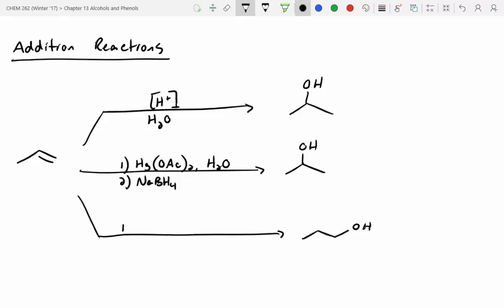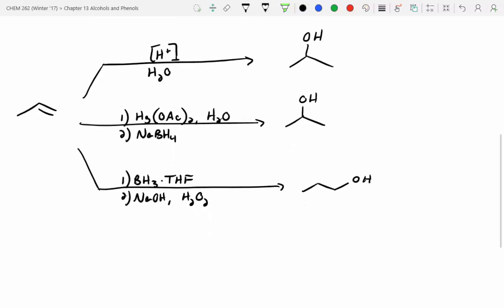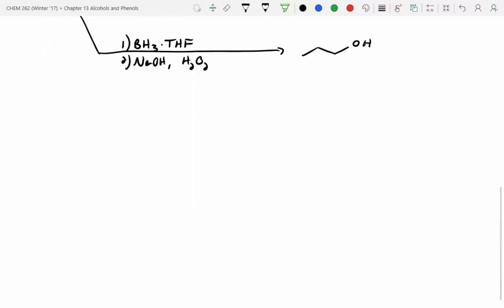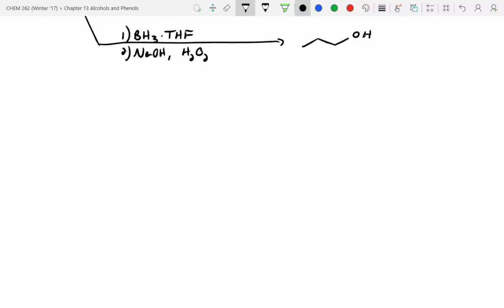Yeah, hydroboration-oxidation. So we'd have BH3, THF, sodium hydroxide, and hydrogen peroxide. So make sure you've got these down cold, because at this point we're going to assume that you guys know them all. Let's do the same thing with diols.